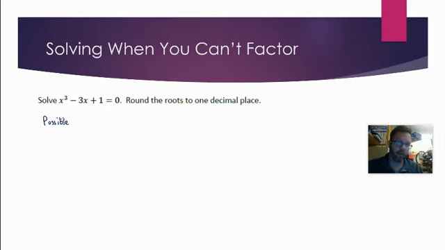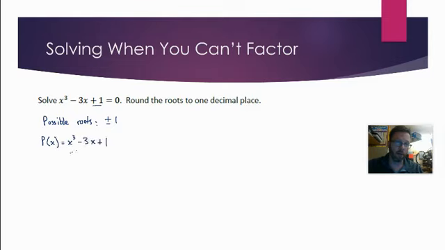In this case, we just need the integral zero theorem, because the leading coefficient is 1. We just have to ask what the factors of 1 are on the constant term, and our possible roots are plus or minus 1. And because this one isn't a lot of work, I'll just show my work for this one.